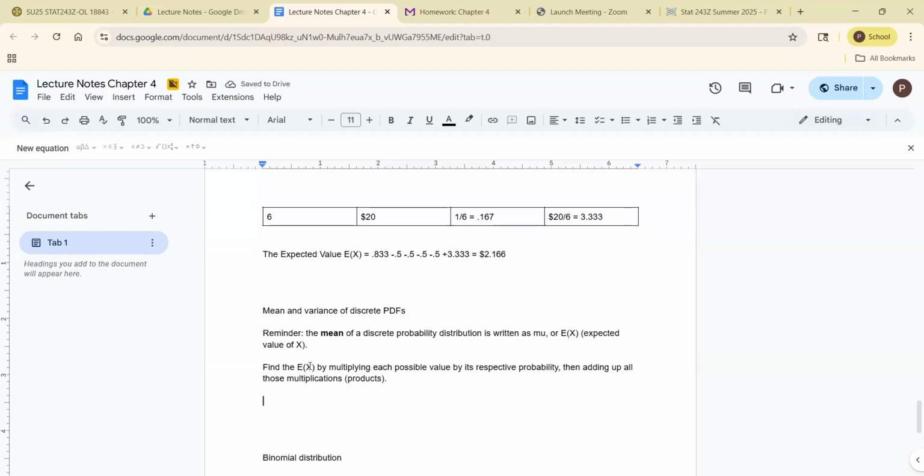The other question we might ask is, how spread out would we expect our data to be if we collected a large number of trials? This is asking about the variance of the probability distribution.